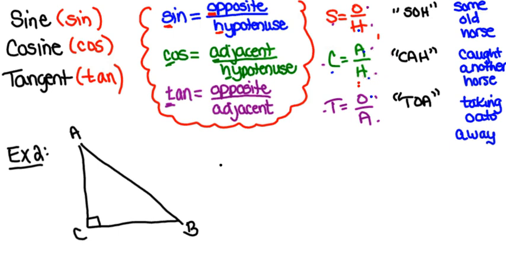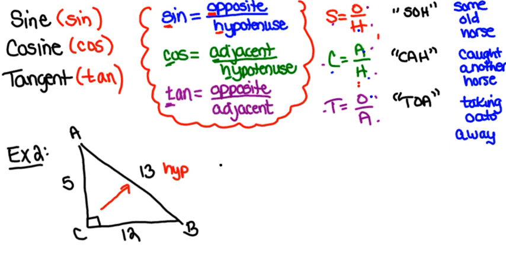I'm going to make side AC 5, side BC 12, and my hypotenuse, side AB, 13. I'm going to start by labeling my hypotenuse first. I think I'm going to abbreviate it now, HYP for hypotenuse.